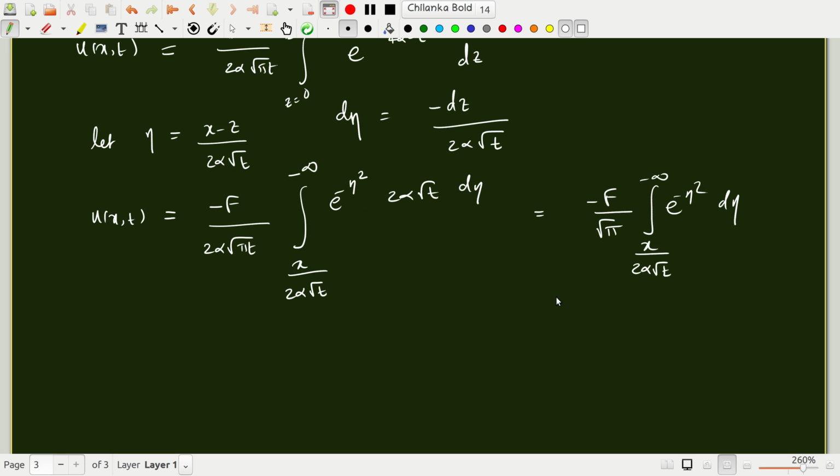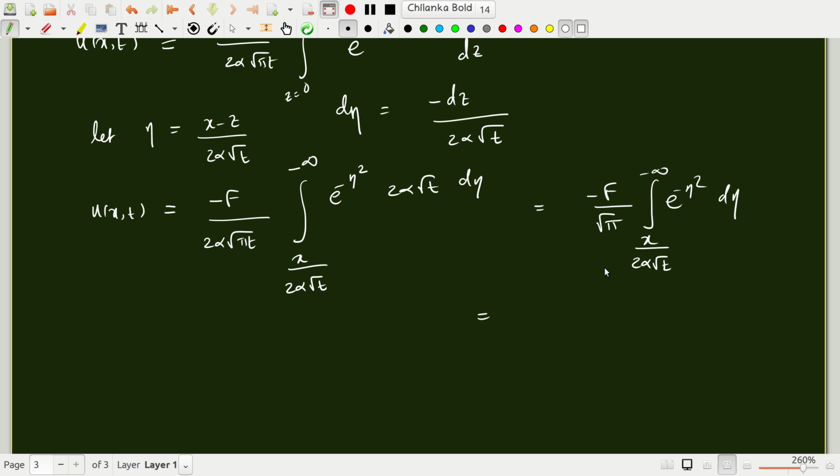Now I can change the limits by pulling out a minus sign, and that minus will cancel with this, giving plus F by square root of pi, integral minus infinity to x by 2 alpha root t e to the minus eta squared d eta. This is u of x,t for this specific initial condition.